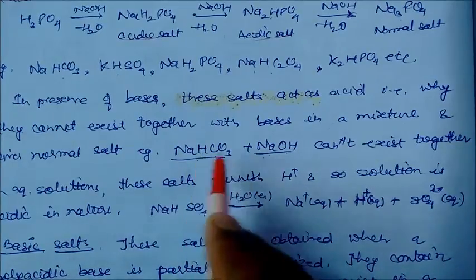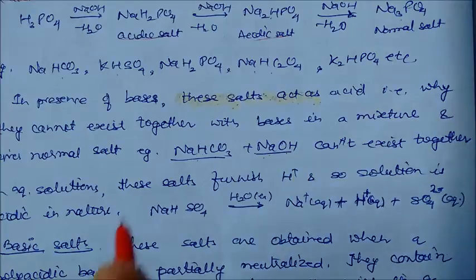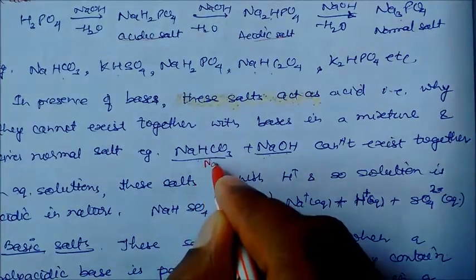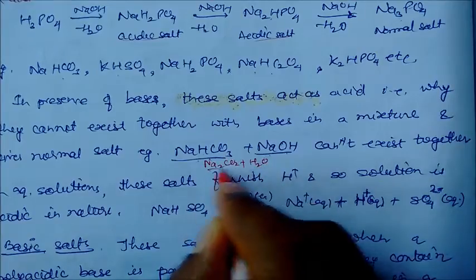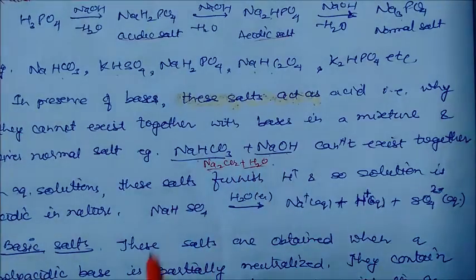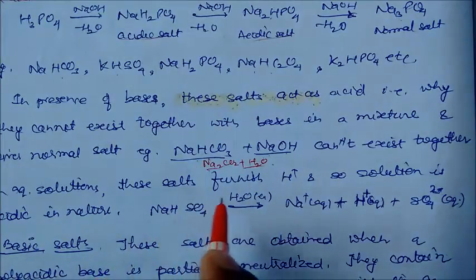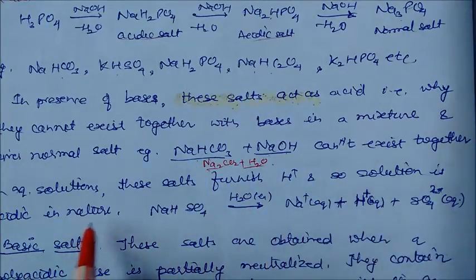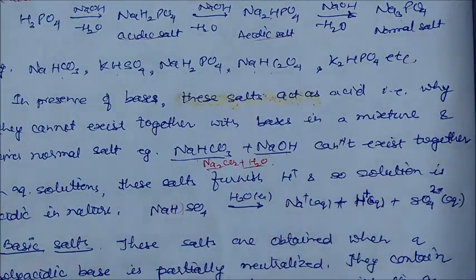This hydrogen will react with the sodium hydroxide, and we will get sodium carbonate plus water. So this is our product of the reaction. They never exist together. In aqueous solution, these salts furnish H plus, and so the solution is acidic in nature. Already I discussed this. Since they have acidic hydrogen, they give you H plus ions in this way.